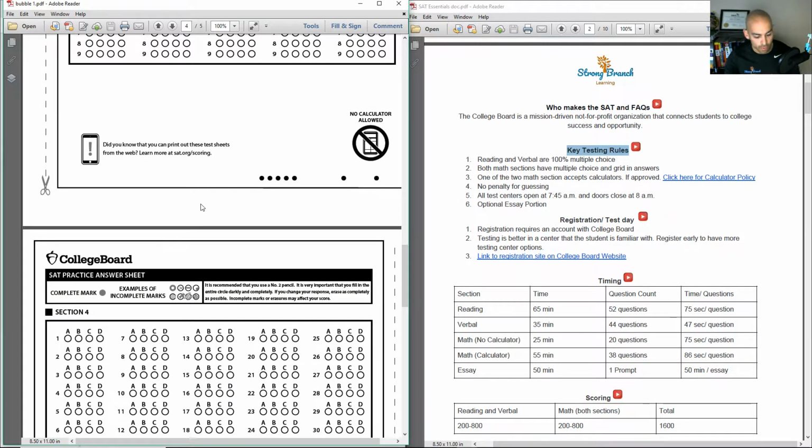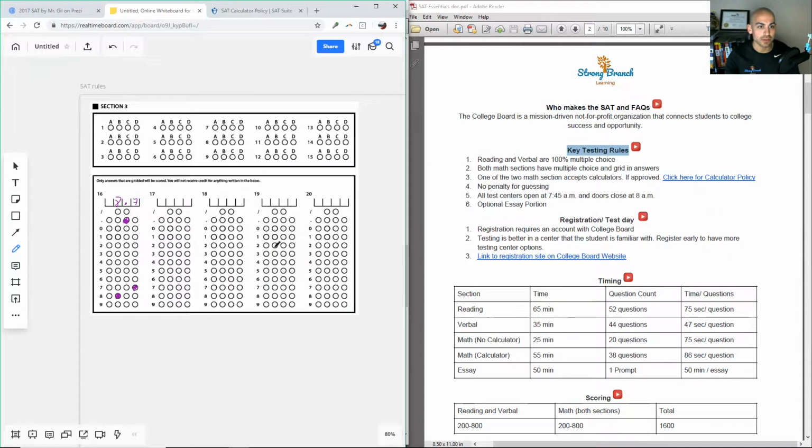And I did want to go over how to fill in the answer when you have this grid-in response, like for instance on section 3, the no calculator section. You can either fill it in from right to left as seen here, but I really don't recommend it that way unless you are for some reason more comfortable with that. It requires you to know your spacing really well.